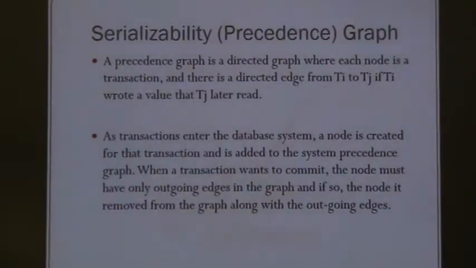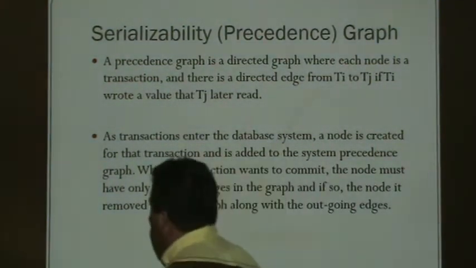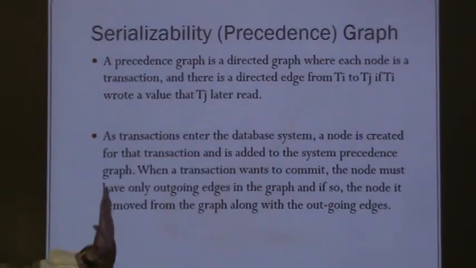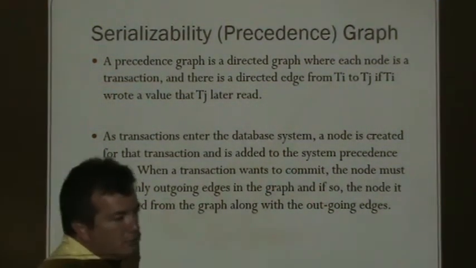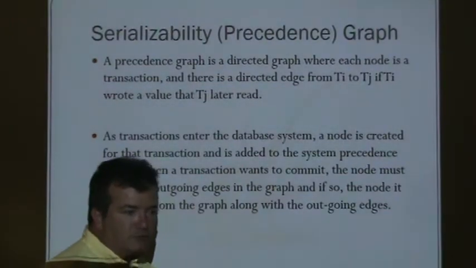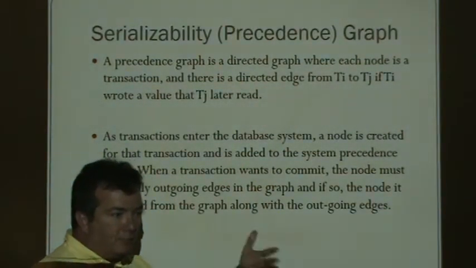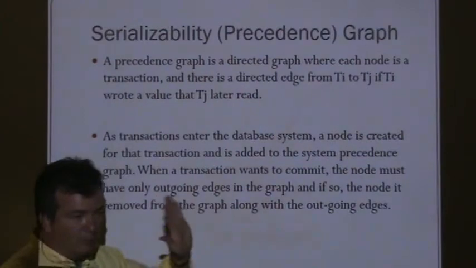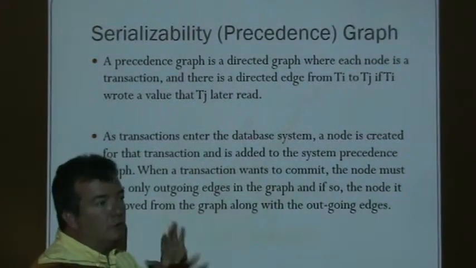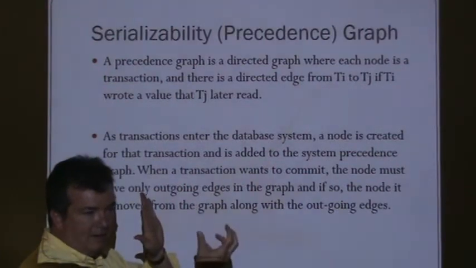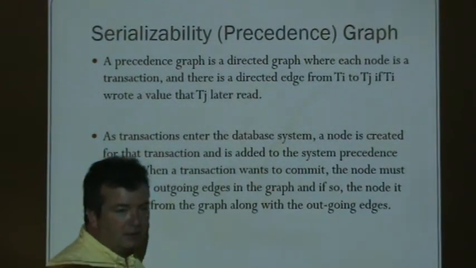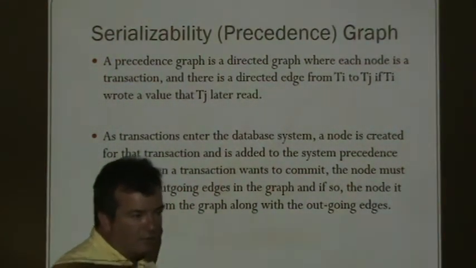Okay, so serializability or a precedence graph would mean as transactions are being entered into our system, we're looking at whether our transactions are reading from fields that a previous transaction has written. That would mean we can only finish if the transaction that produced the data we read can finish in a schedule before us.